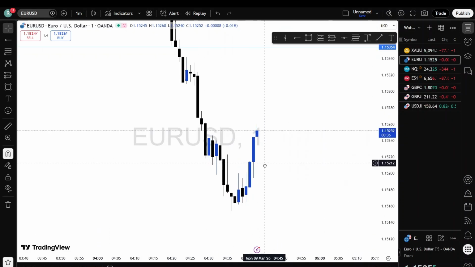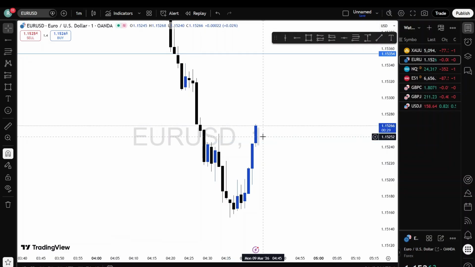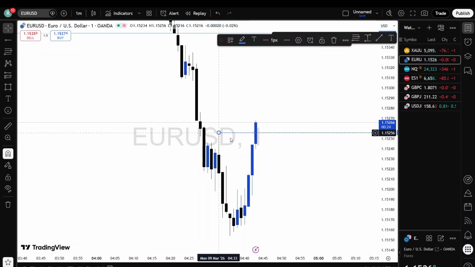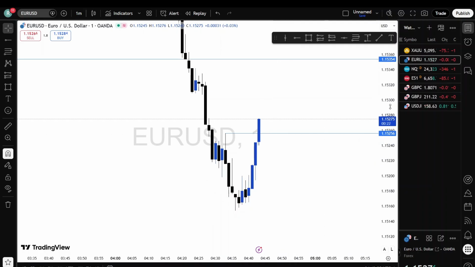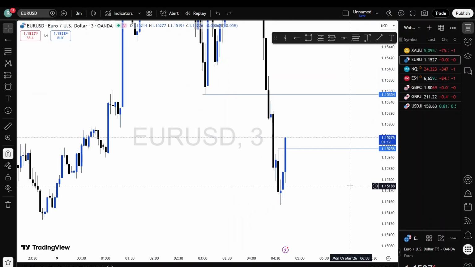Okay, now if you see on 1 minute, there is also no FVG, and the 1 minute FVG was also tapped. So if this closes above this, then we can take this trade. There's no problem based on the 1 minute time frame as well.